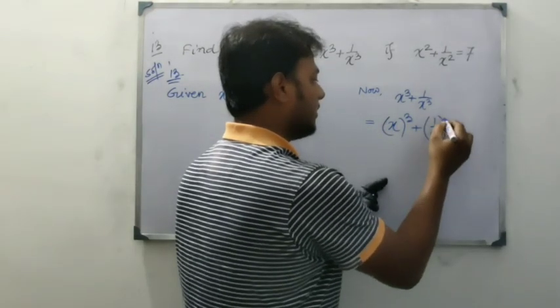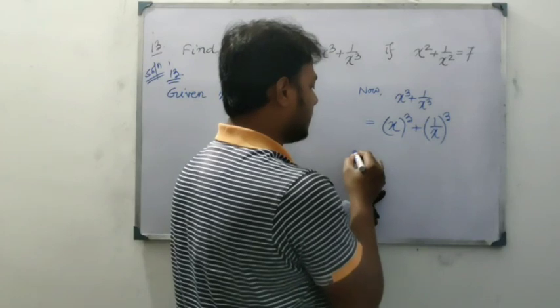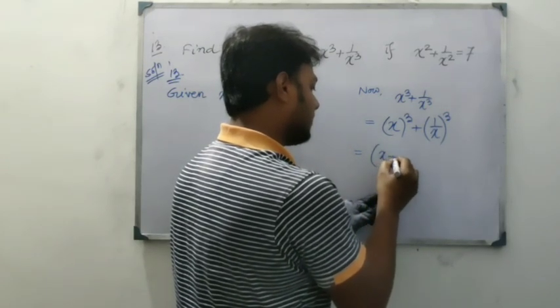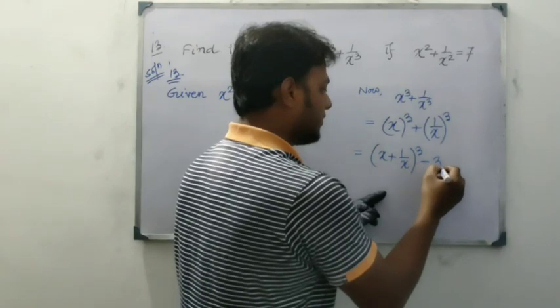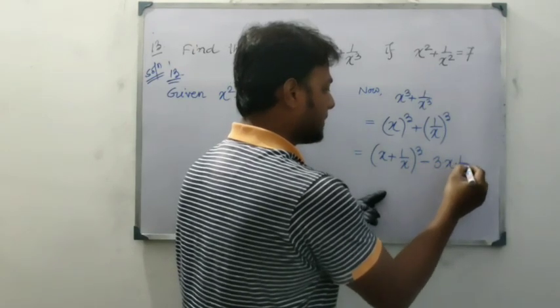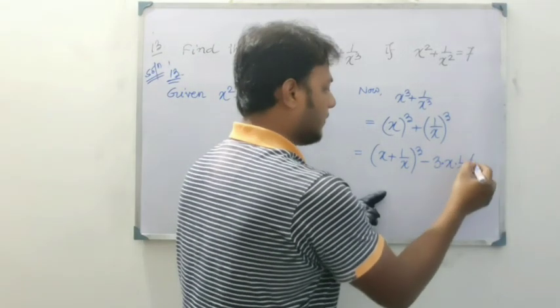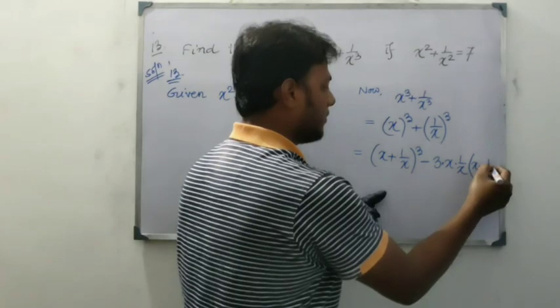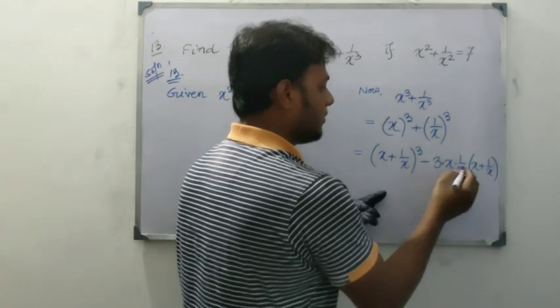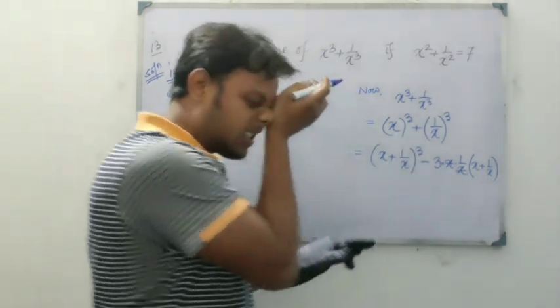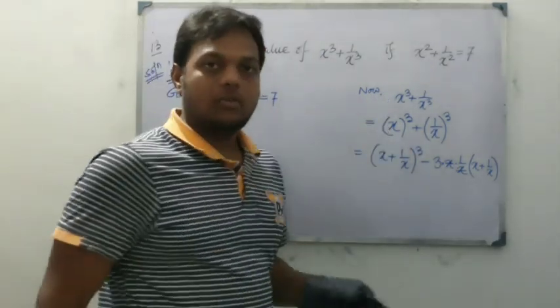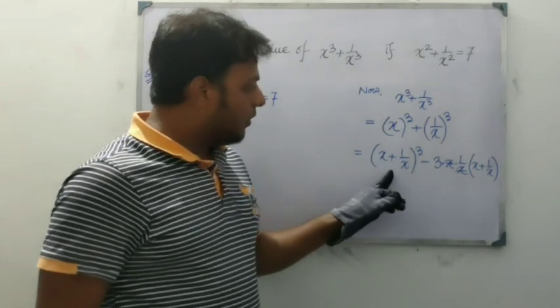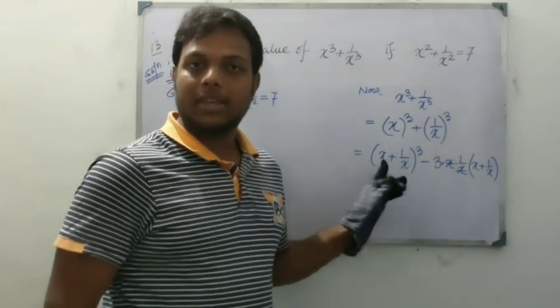A cube plus b cube equals (a plus b) whole cube minus 3ab into (a plus b). So here x and x will be cancelled out. To compute the value of x cube plus 1 by x cube, ultimately we need the value of x plus 1 by x.